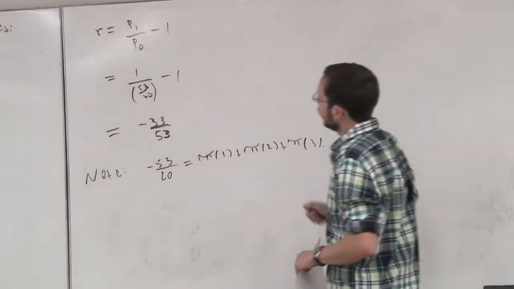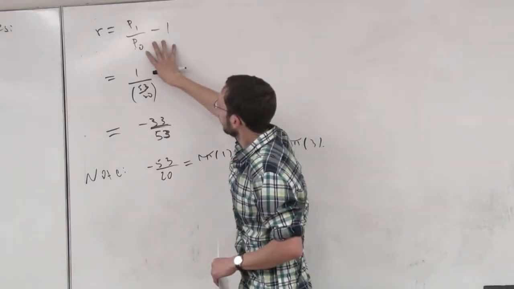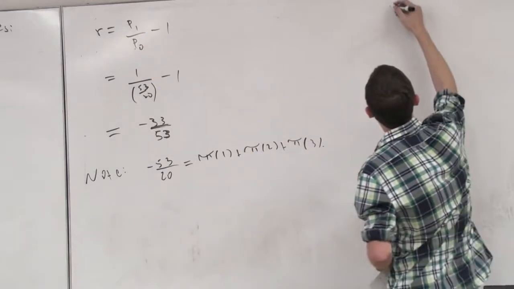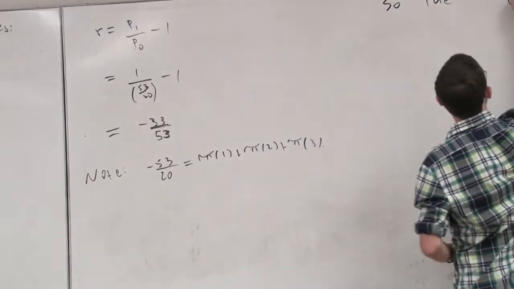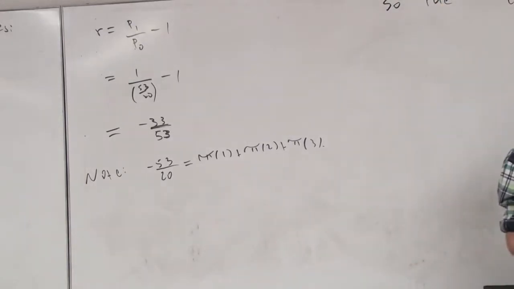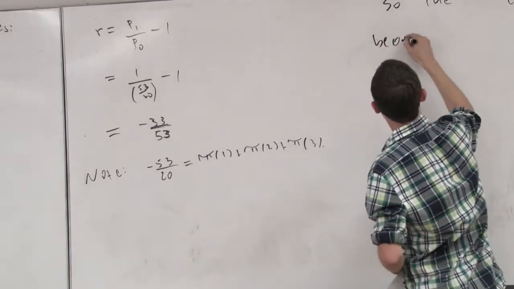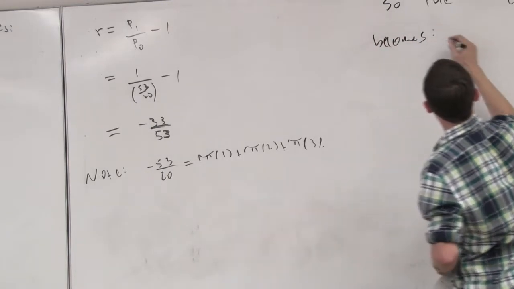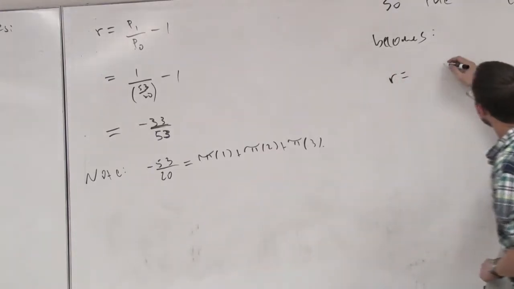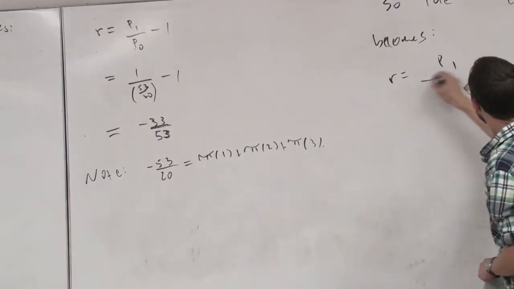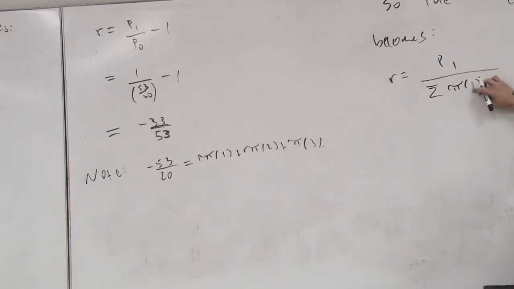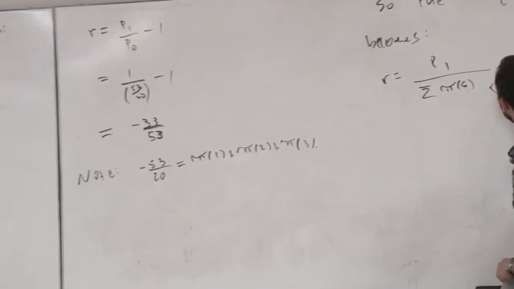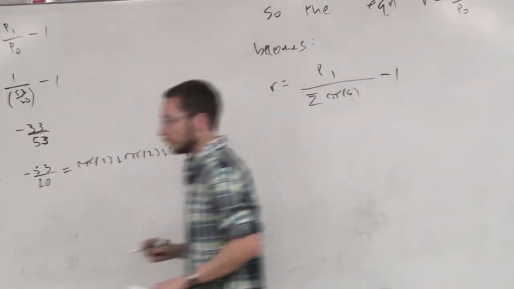And so what happens is, this equation that we're looking at here can be rewritten as the risk-free rate is simply equal to P1 over the sum of the arrow prices, the sum of pi of S, minus 1.